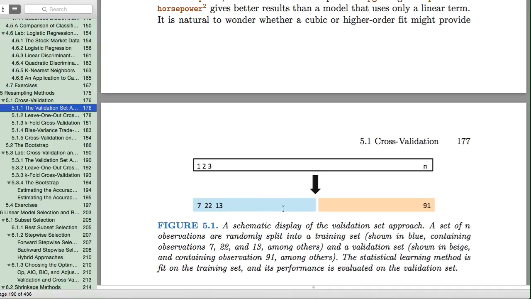So we build our model on the training data, and then we test it on the validation set, and we obtain a test error rate. We obtain the test MSE from here.